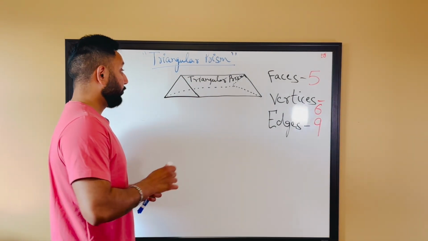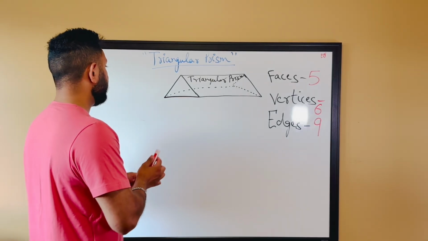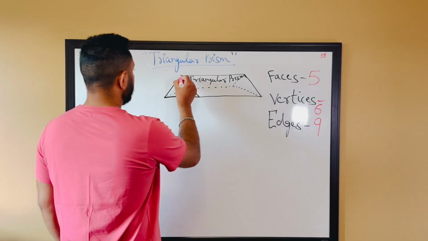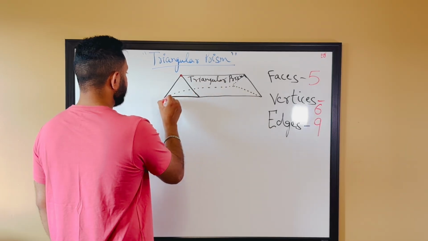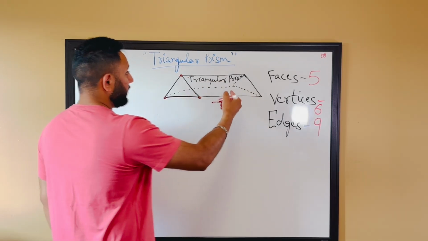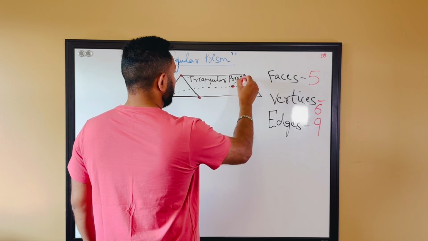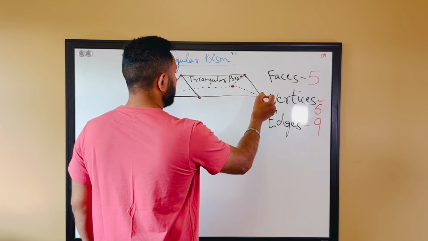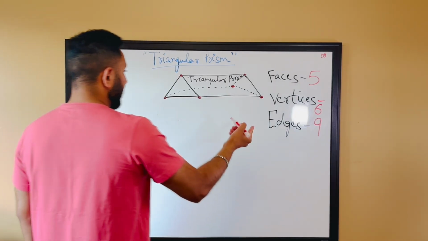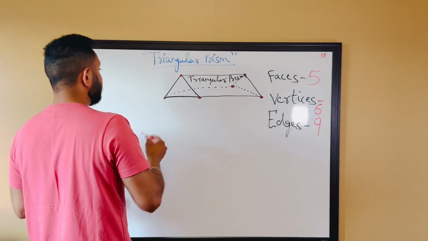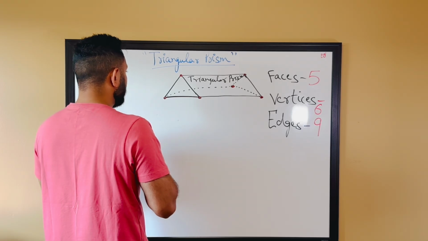We can also elaborate this in a figure. So if we talk about the vertices, this is the first, second, third and fourth, fifth and sixth. So 6 vertices. And edges, they are the lines that connect two vertices.